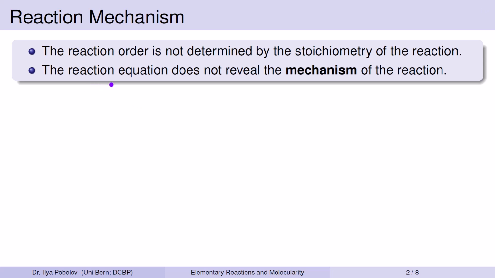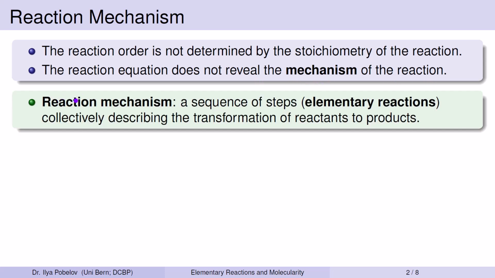The reaction equation alone does not reveal what we call the mechanism of the chemical reaction. A reaction mechanism is defined as a sequence of individual steps known as elementary reactions that collectively describe the transformation of reactants to products.